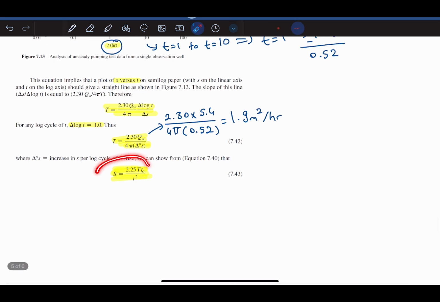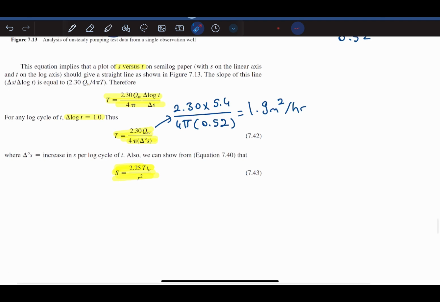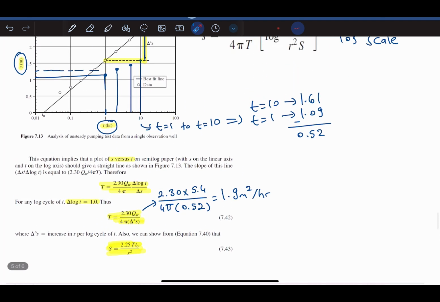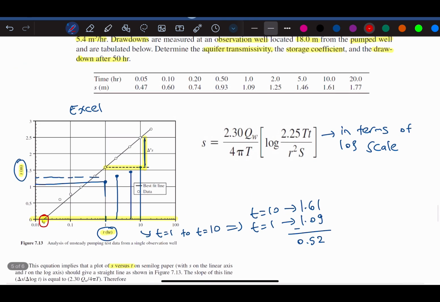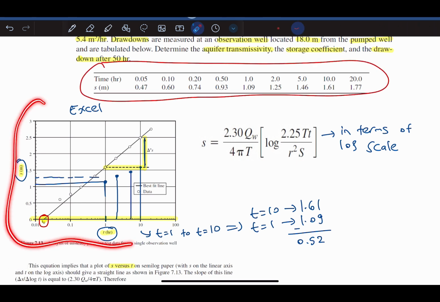And to find the storage coefficient, we need to find T0, which is here. So this is where our best fit line intersects with this horizontal axis. So at this point, we can calculate T0. And when you create this graph based on these values, you will get something similar to this one.